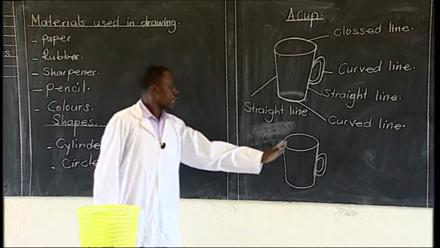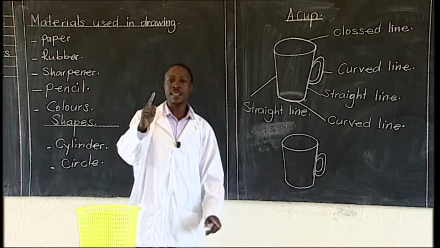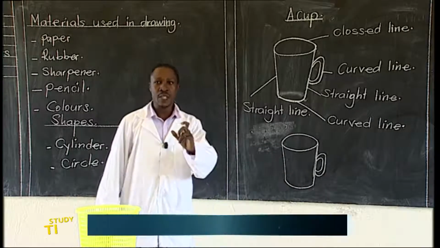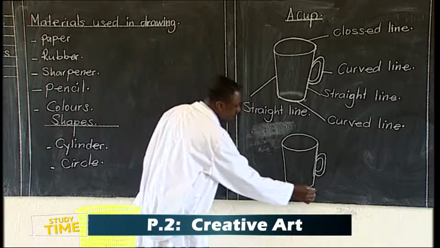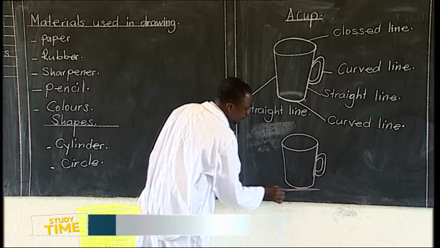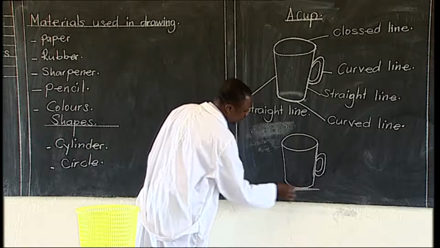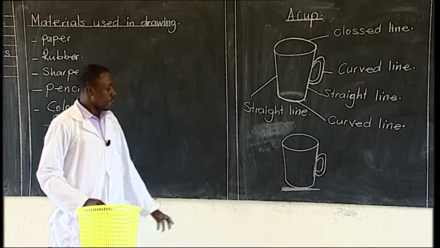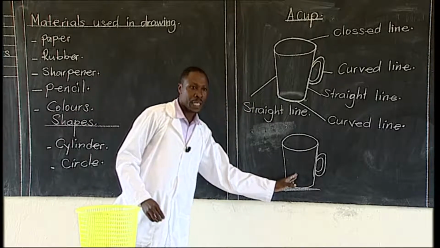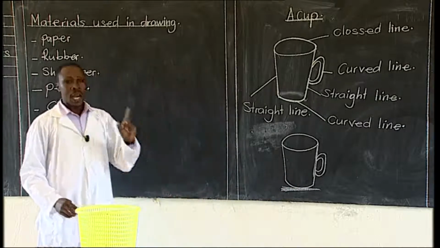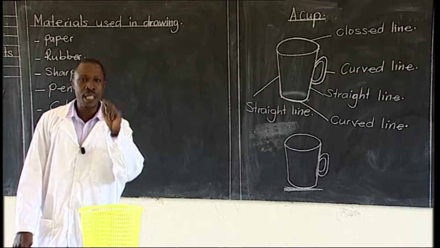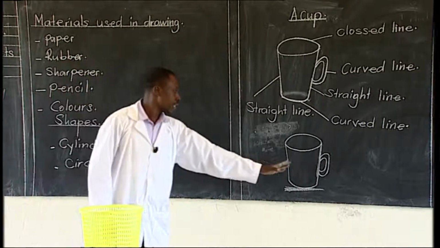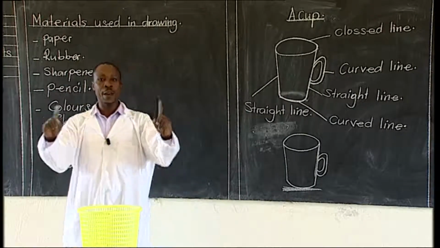After drawing this one, in the next lesson, we are going to see the different colors that we can use when we are going to shade, okay? Now, who can tell me the material we are going to use in the next lesson to shade this cup, from the environment?